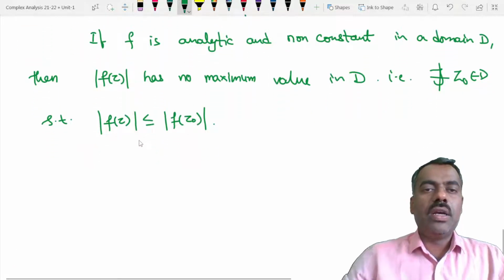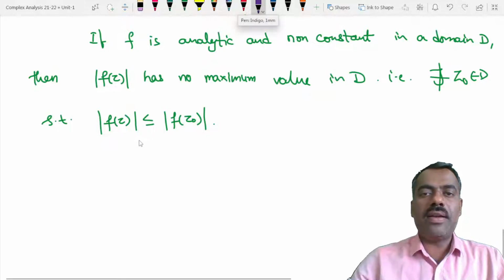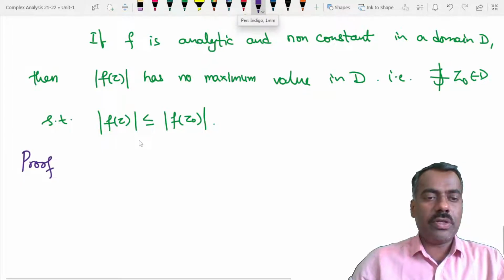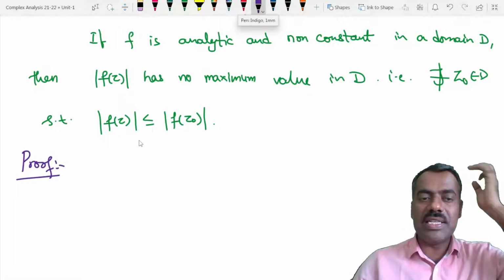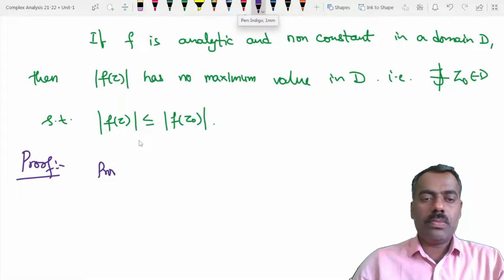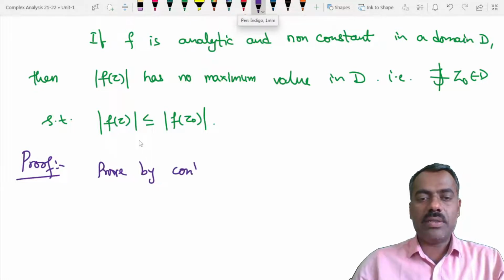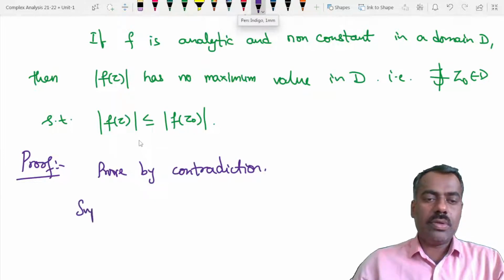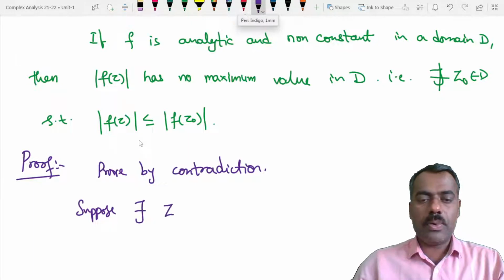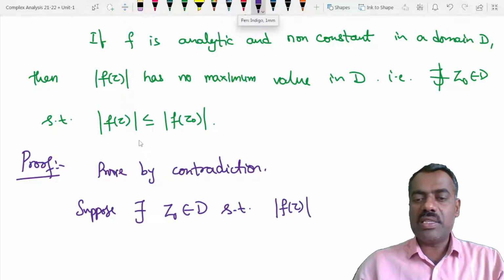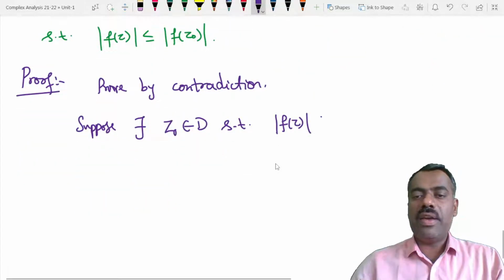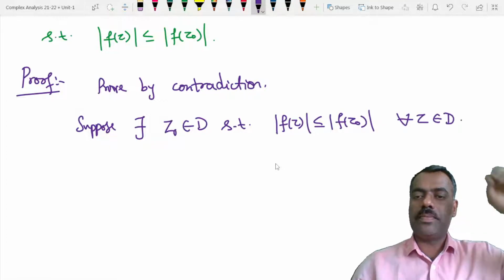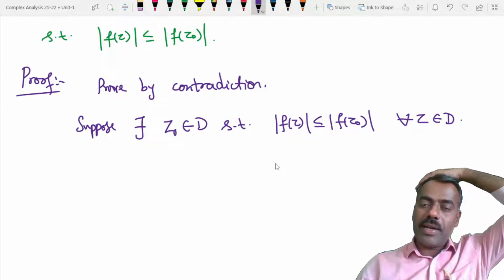The proof, we will prove this by contradiction, because we want to show that there is no point z naught satisfying this condition. So suppose there exists a point z naught in the given domain D such that mod f of z is less than or equal to mod f of z naught for all z in that domain D. Then somehow we should get a contradiction.